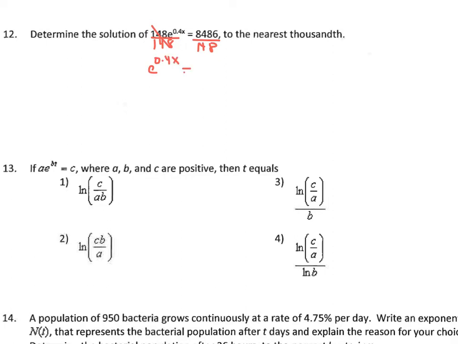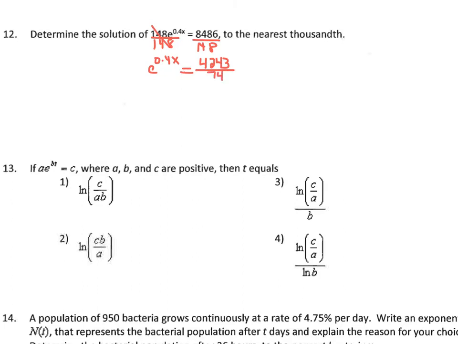And then if we plug in our calculator 8,486 divided by 148, it'll give us a decimal. So rather than rounding on our paper, let's hit math, enter, enter. And in simplest form, it looks like we get 4,243 divided by 74.